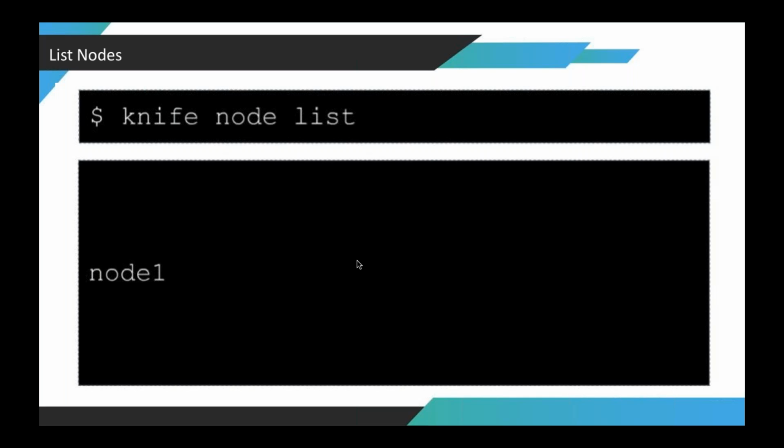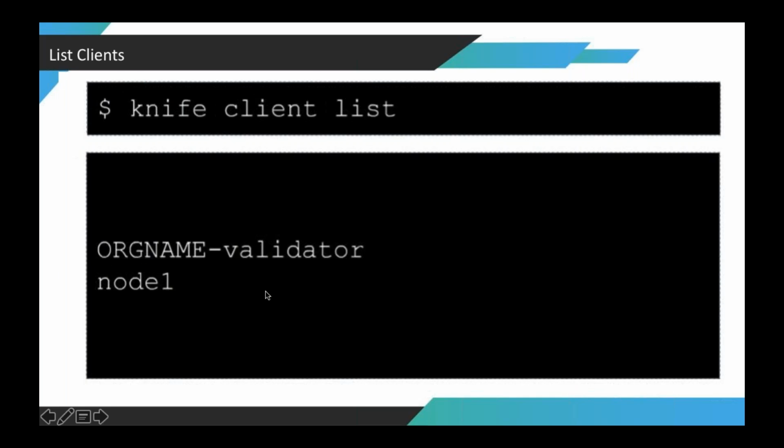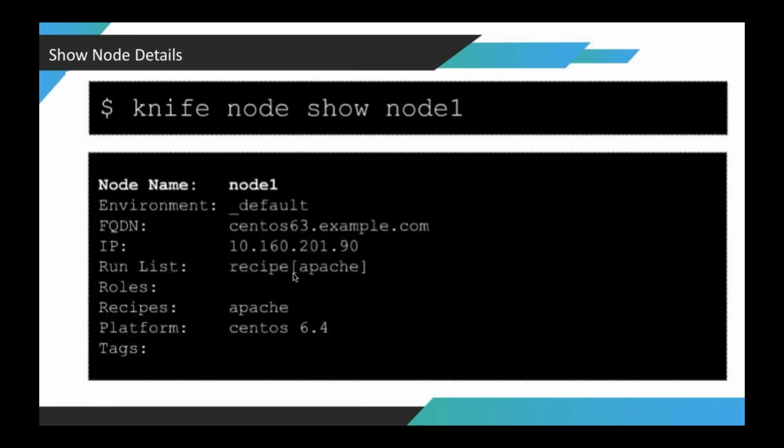And you can list the nodes in knife using knife node list. It will list all the available nodes, all the servers which are registered and having a chef client running on them. Okay. And similarly, you can list all the client nodes as well. So chef client list will list all the nodes where Chef runs. Okay.